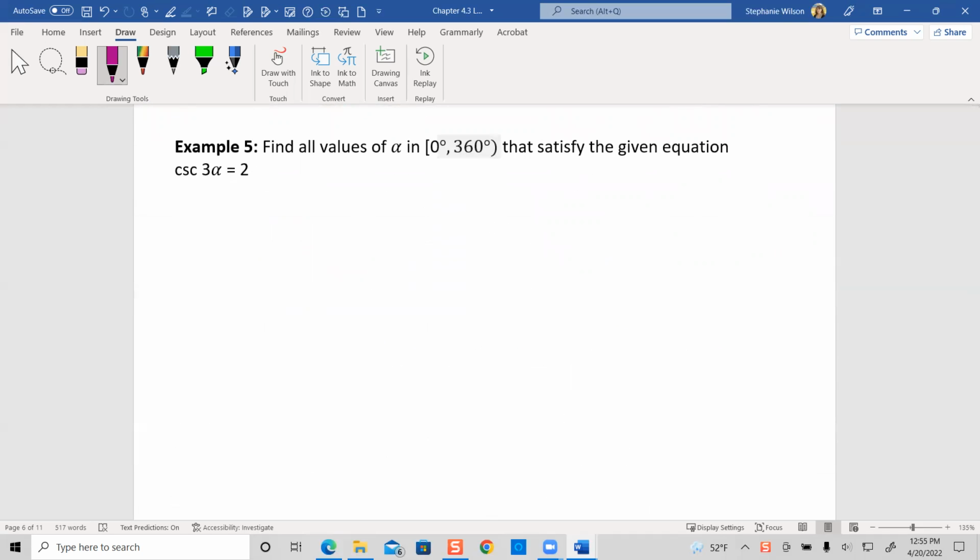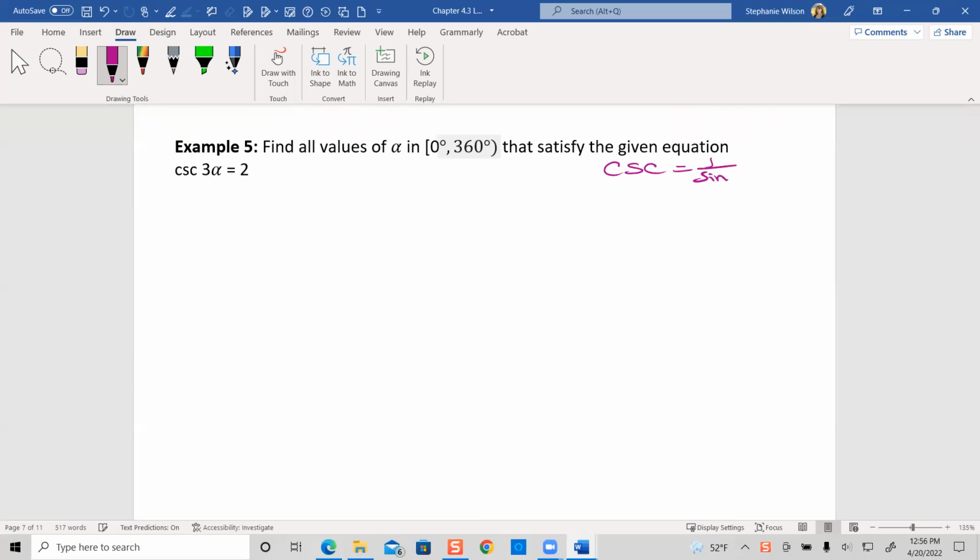So let's solve number 5. Number 5 says find the values of alpha in the interval 0 degrees to 360 degrees that satisfy the given equation. All right, so what I know is that cosecant is 1 over sine, right?